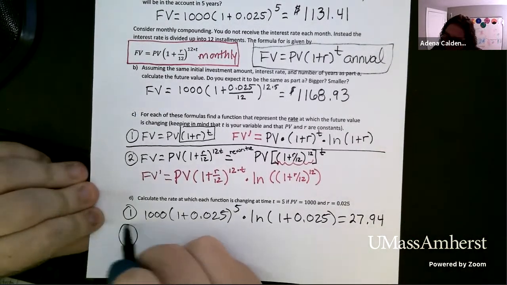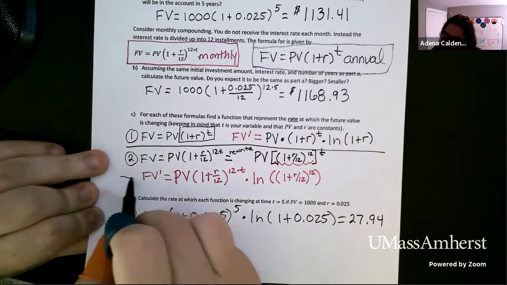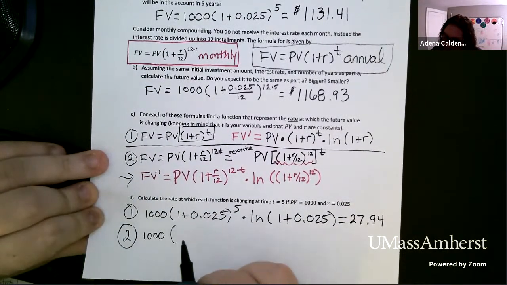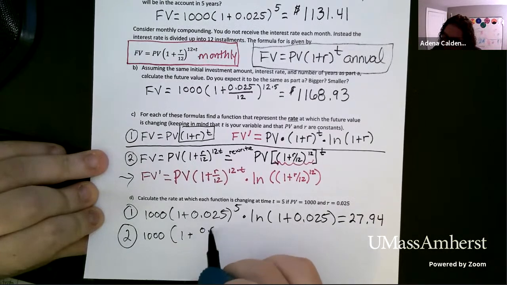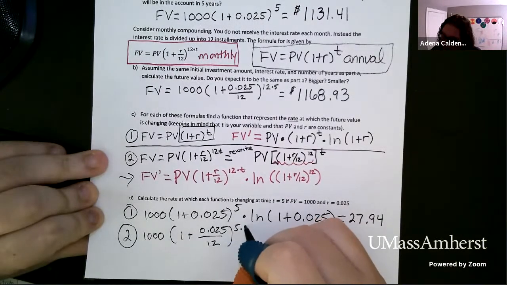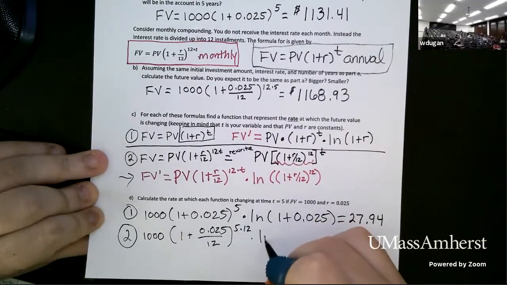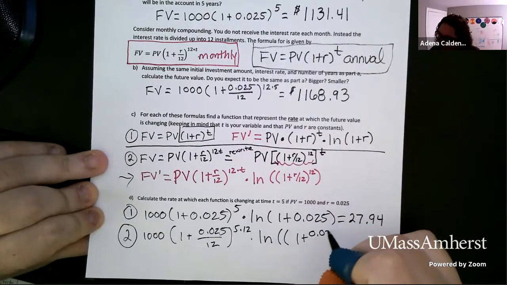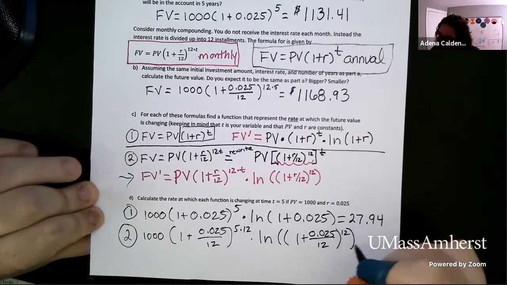And for our monthly, when we plug everything into our derivative, we're going to have 1000 times (1 plus 0.025 divided by 12) raised to the 5 times 12 times natural log of (1 plus 0.025 divided by 12) to the 12th.